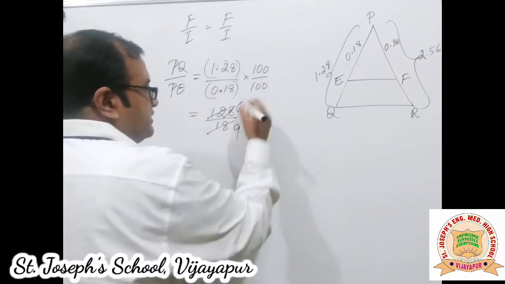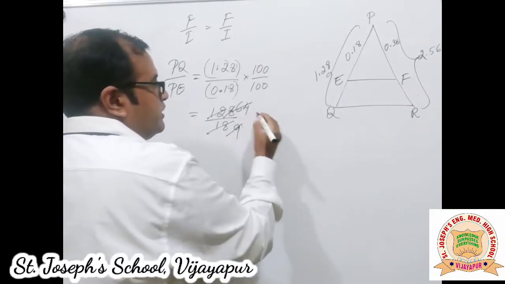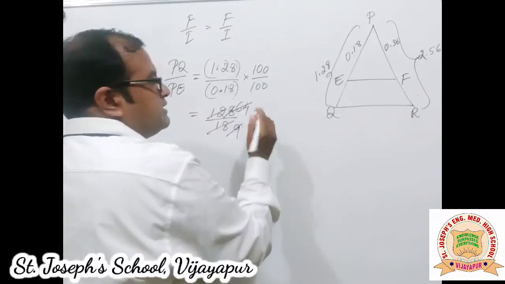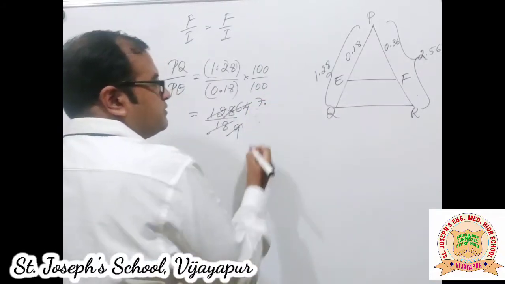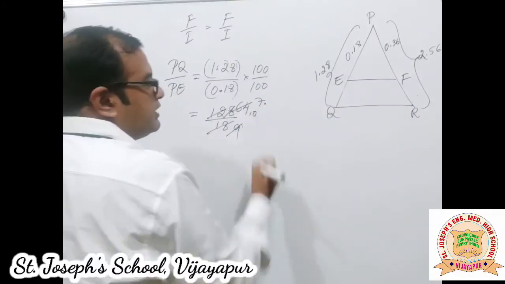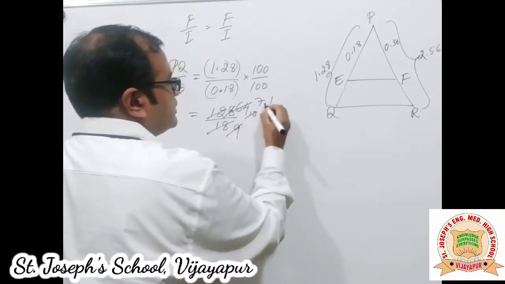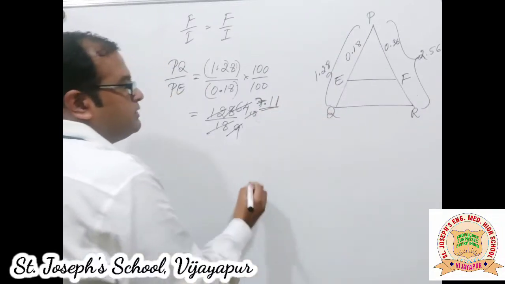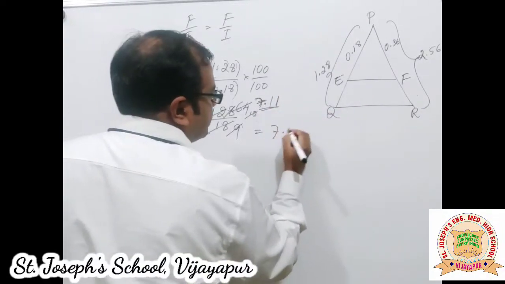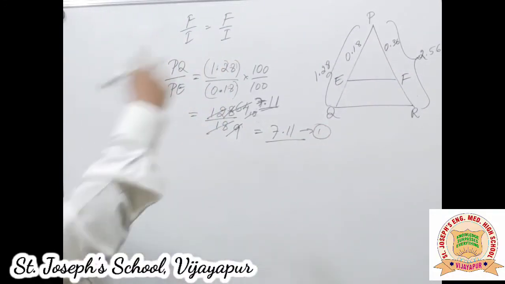In that case, directly using 9 you can divide. 9 7s are 63. 9 7s are 63, 1 remains. I put a point, and for that one I carry a 0. So 9 1s are 9, and it continues 7.111. This continues. So what is the answer? 7.11. Equation 1.